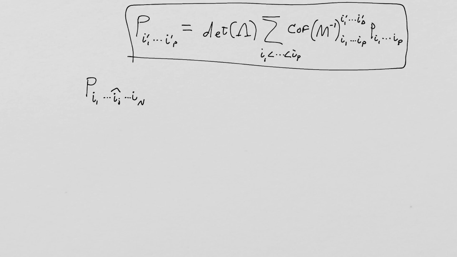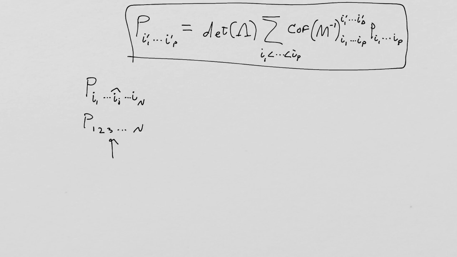The hat means it's not included. But otherwise, in order to maintain an increasing list, there's only one way to do this, right? It's 1, 2, 3, ... to n, with some number left out. And every time you leave out one number, there's still only one possible increasing list, right?